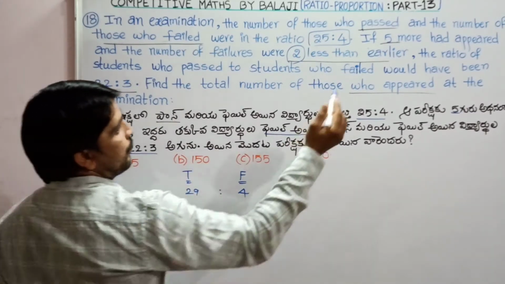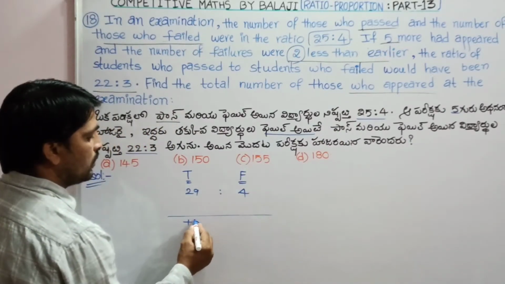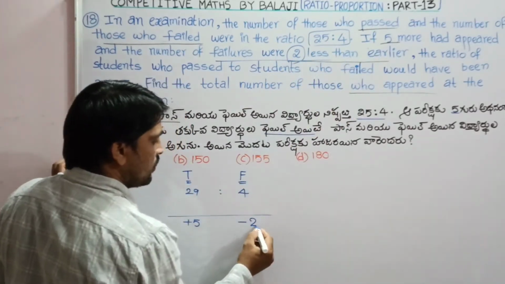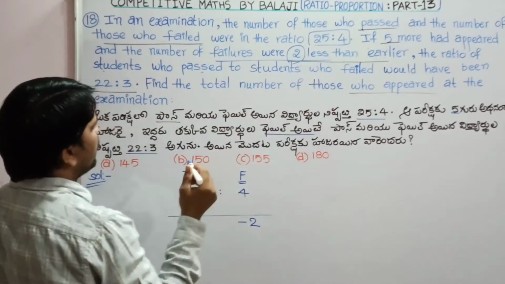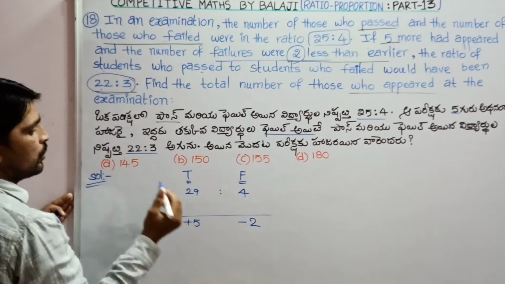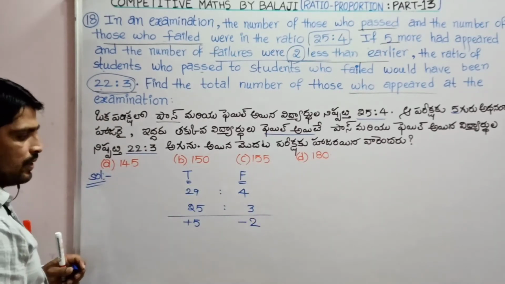And then if 5 more had appeared and failures were 2 less than the earlier, the ratio of students who passed to students who failed becomes 22:3. But we have to take total to failure. Total is 25, failure is 3. That is 25:3.